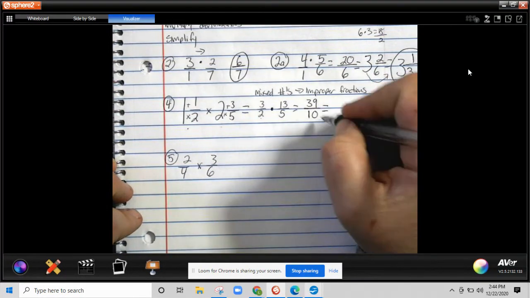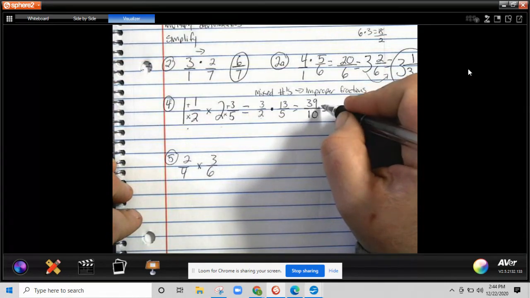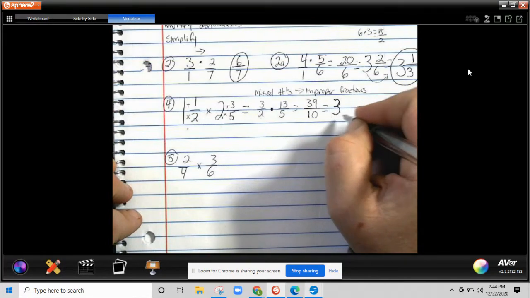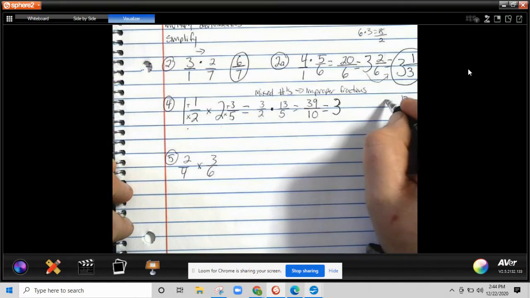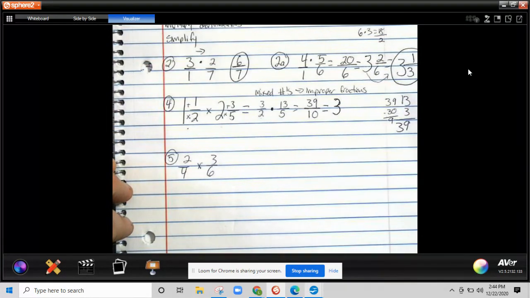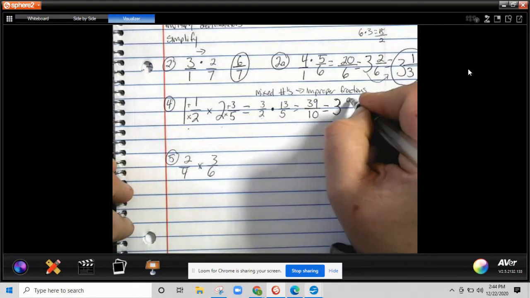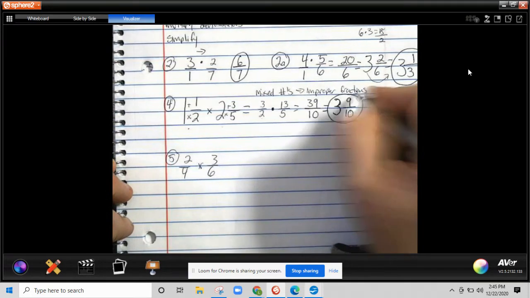So how many groups of 10 can I get out of 39? Well, I know that 10 times 3 equals 30. So if I do 39 minus 30, I'm going to be left with 9. So then I'll have 3 9/10. And that is going to be my answer.